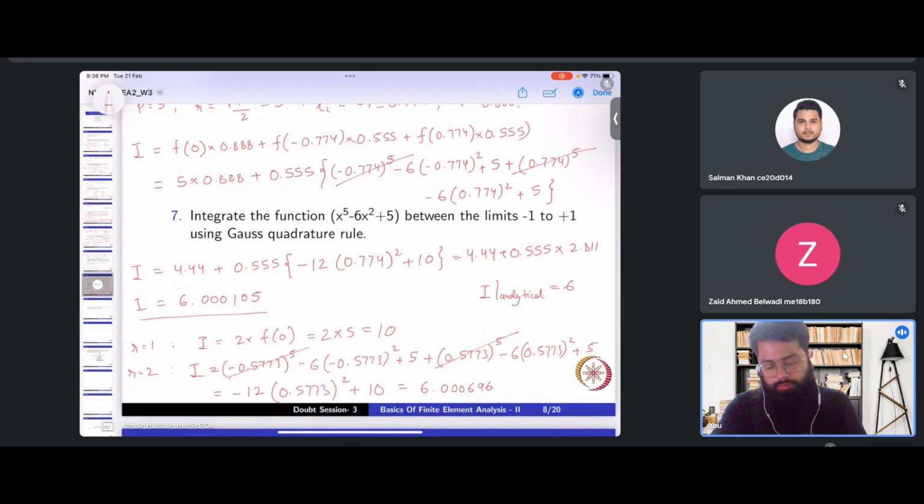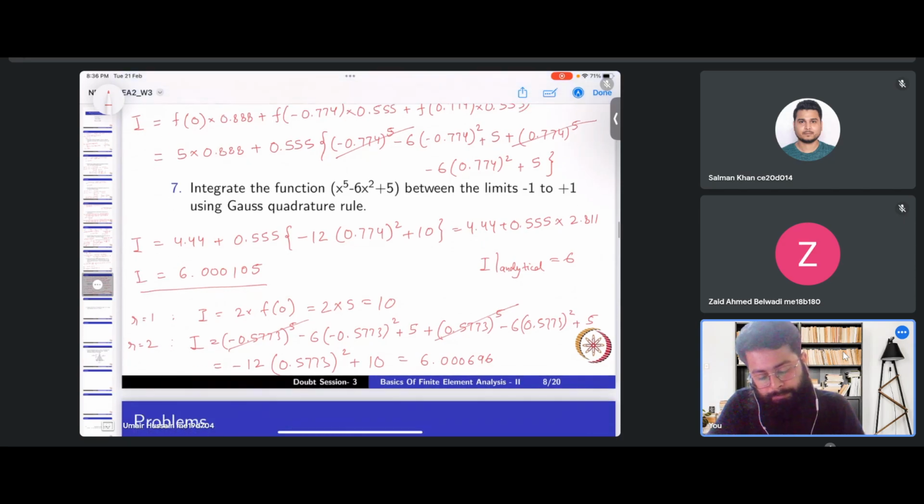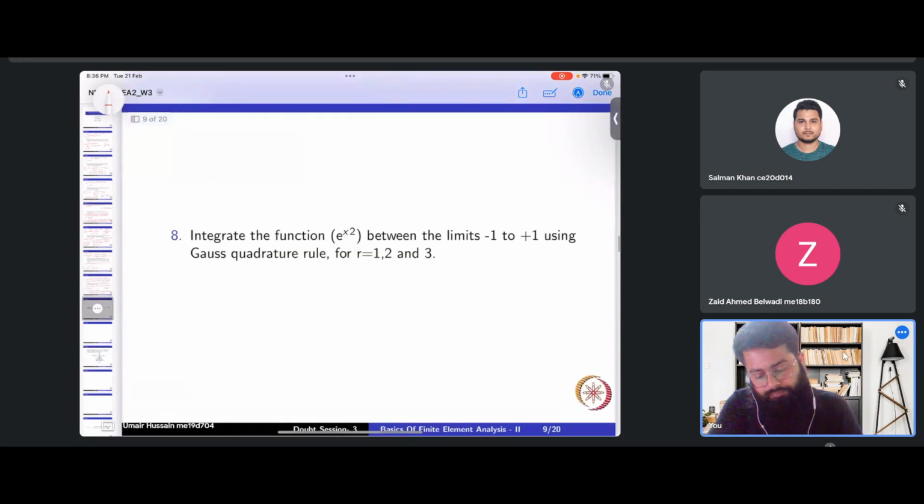Okay, so if there are no doubts, we can move forward. So now we have some different function. Now we don't have a polynomial, so there is no point in calculating R. We don't know P. So we have an integral here, minus 1 to 1 e to the power x square dx.